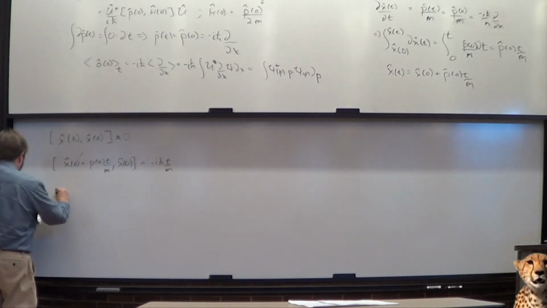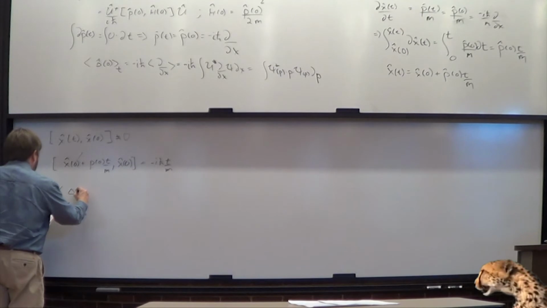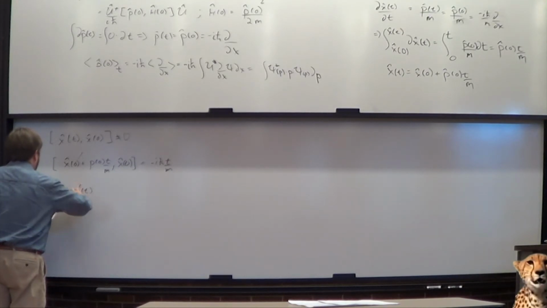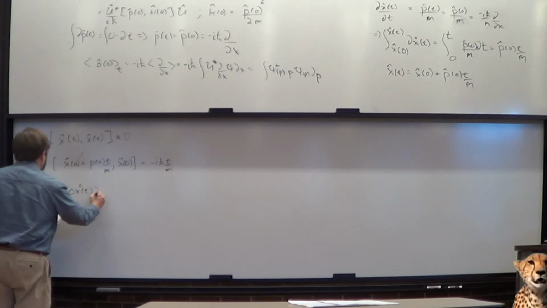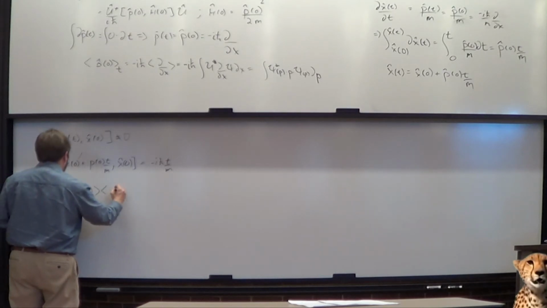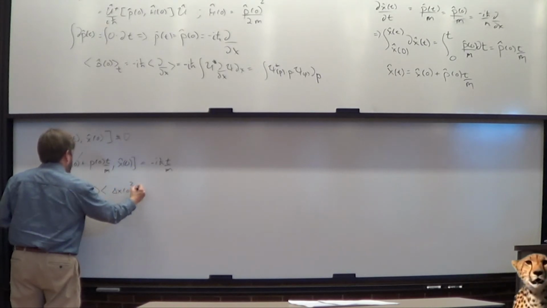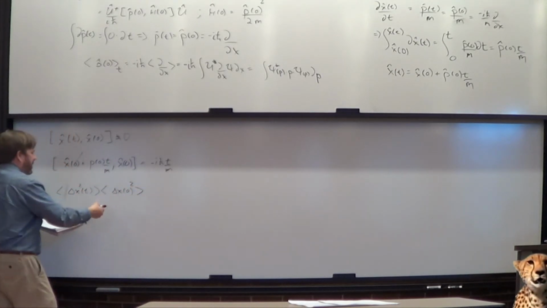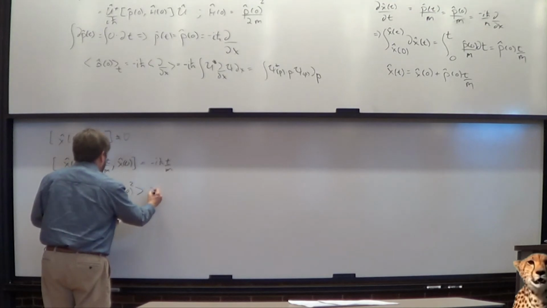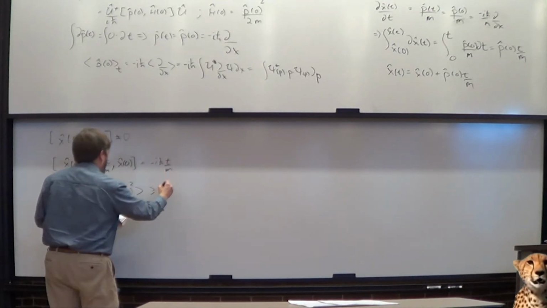Also, that means, therefore, let's not worry about working through this. So the product of the two variances has to be greater than or equal to the commutator, right?